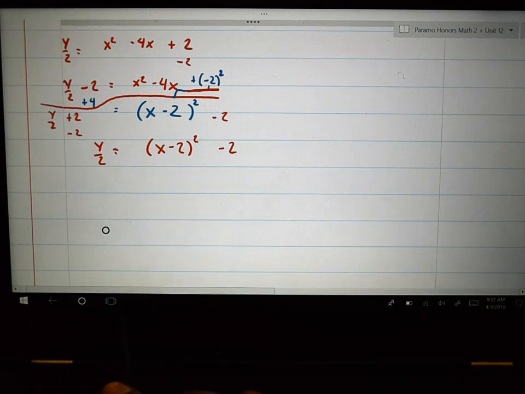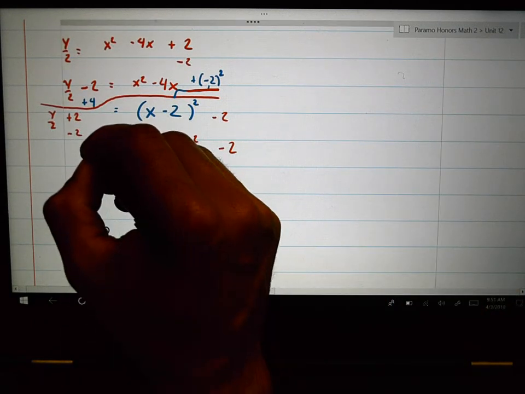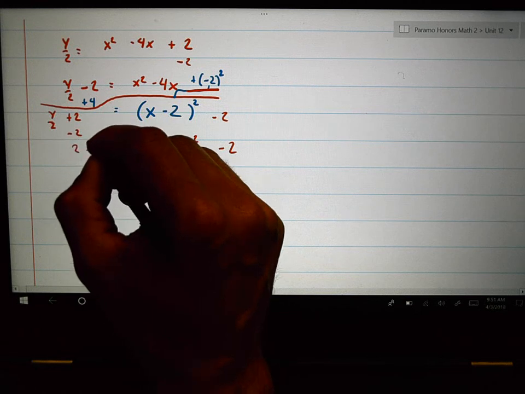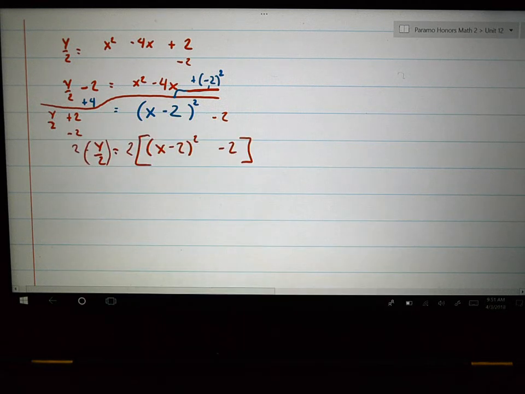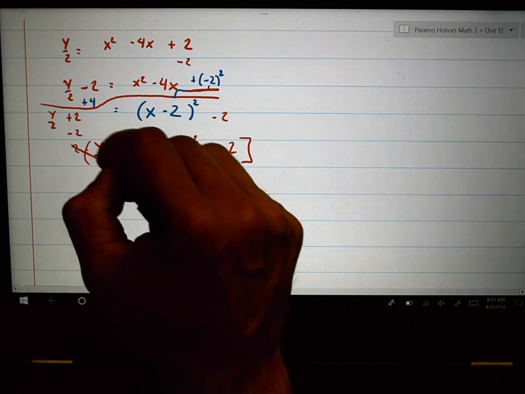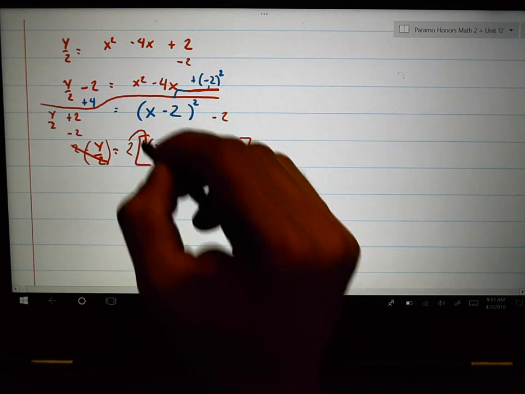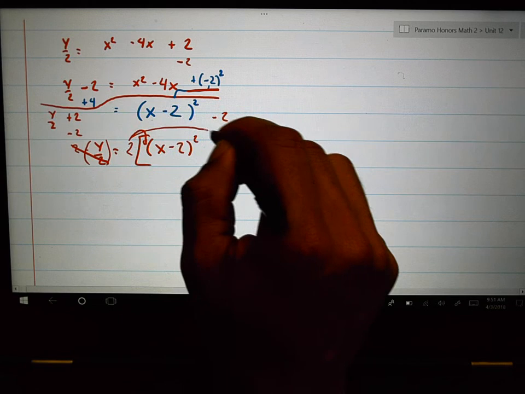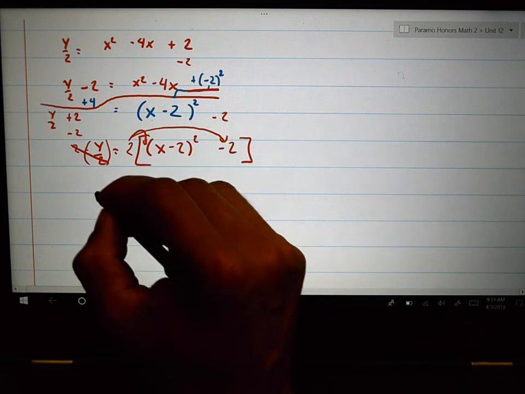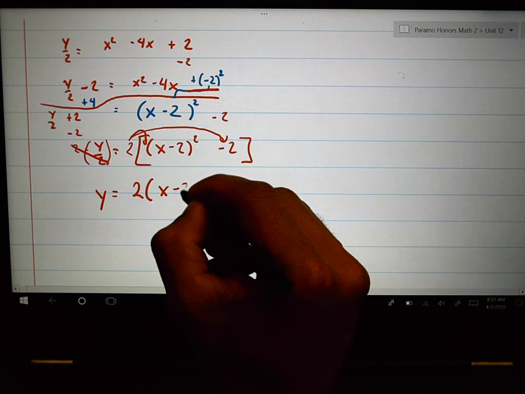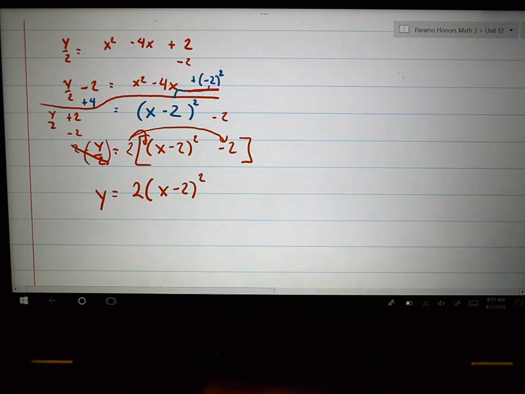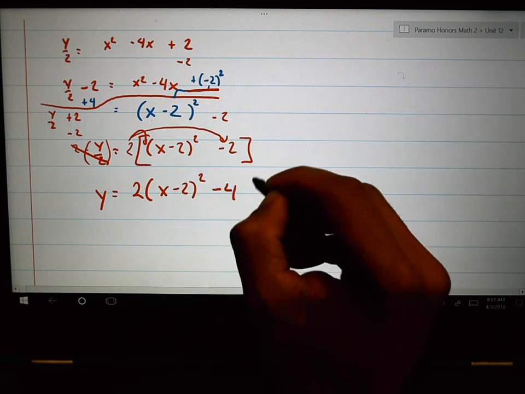I'm dividing by 2. The opposite of dividing by 2 is multiplying by 2. And I have to multiply everything by 2 over here. And this is what it will look like on the right-hand side. The 2 multiplies, just put it in front. And the 2 multiplies the negative 2. This is what y is. Y is equal to 2 parenthesis x minus 2 squared minus 4.